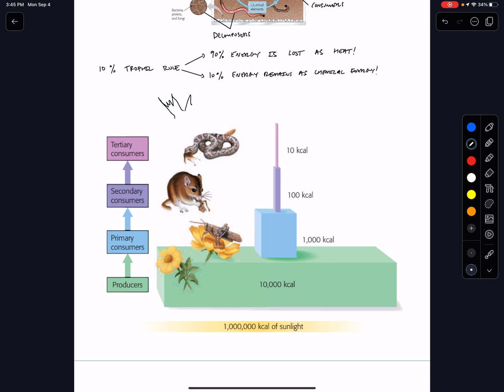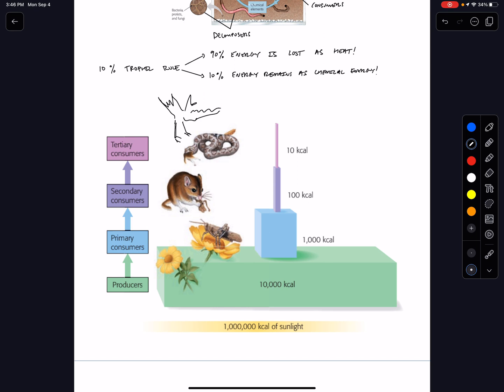A hawk is going to come down and grab this snake. And if we saw that, that would be a quaternary consumer, a fourth level consumer.